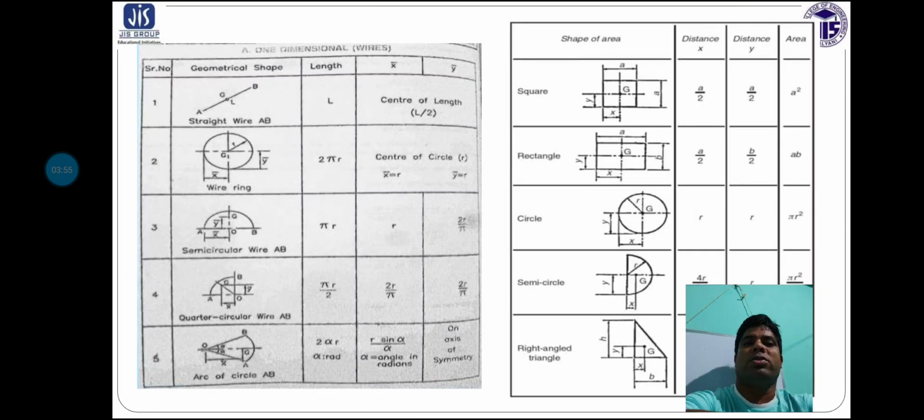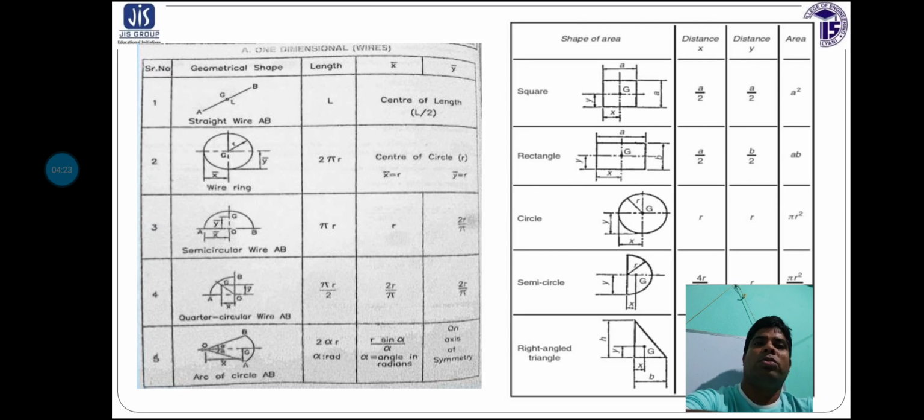And this is the actual table to remember how the CG value can be calculated as per the figure. So number 1, straight line, length will be L and x bar and y bar value, both will be L by 2.